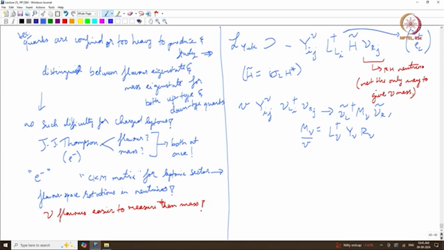Now what would happen to the W interactions? So I am going to write this down and wrap up this lecture. We will take up the new matrix in the next lecture. In the mass basis, I am going to assume you know how to write this in the interaction basis.